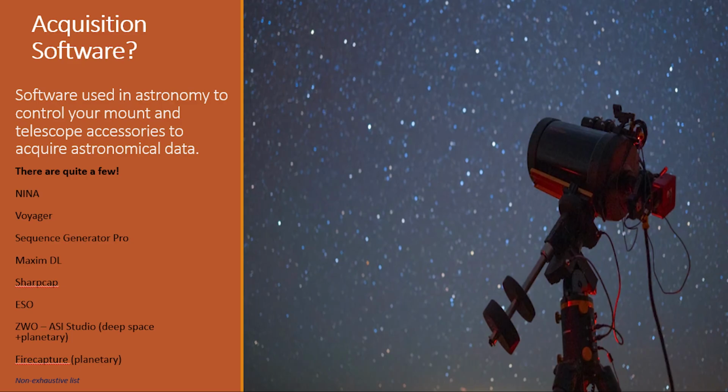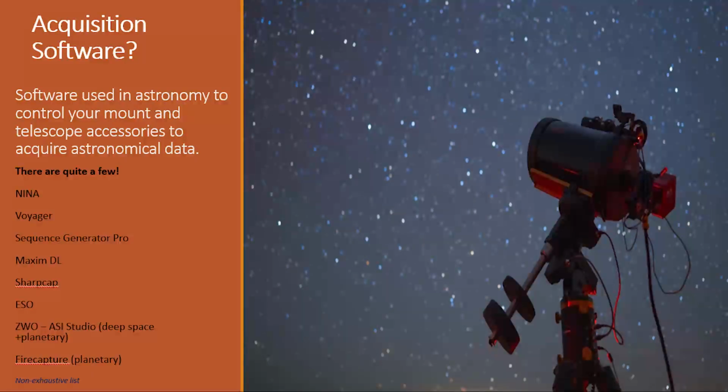I think my first Astro video that I watched with Trevor from Astro Backyard, he used Sequence Generator Pro back in the day. Maxim DL, another very popular acquisition software program that was used predominantly with lots of people that had the older DSLR cameras and your S-Big cameras.